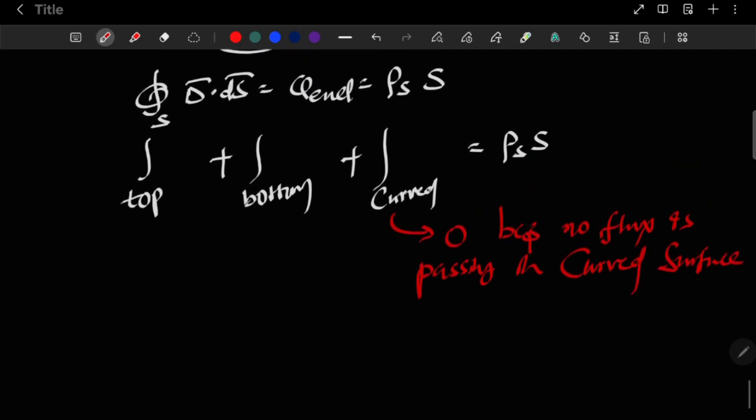Okay, so what we can take here is the integral over the top surface. The top surface is created because z is equal to some constant.